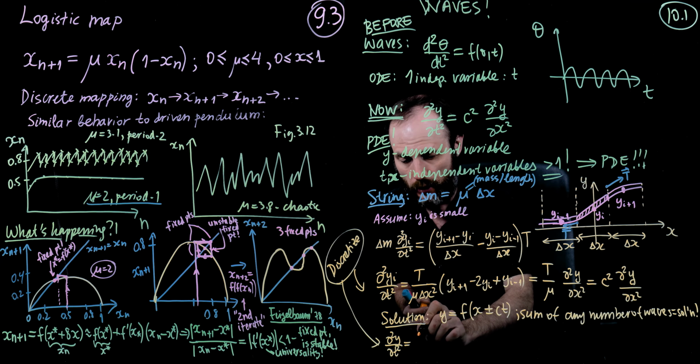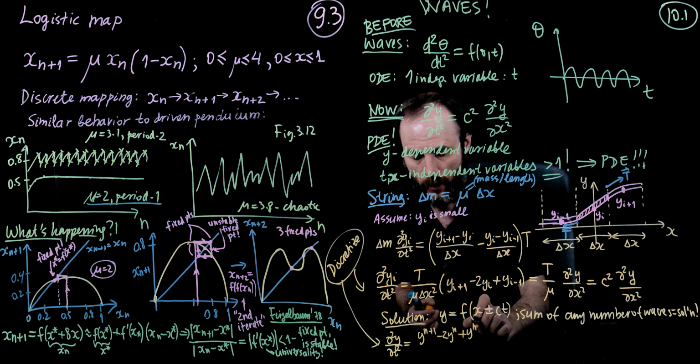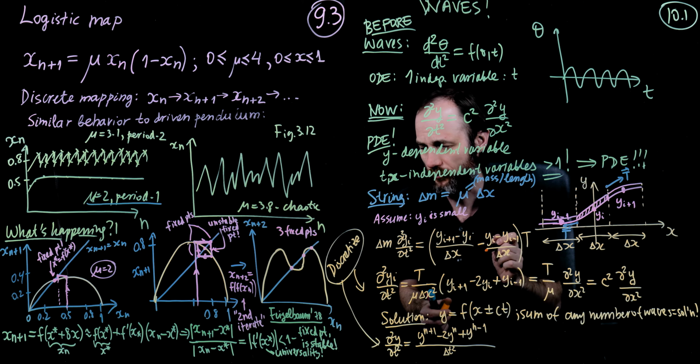So it will be y^(n+1) minus 2y^n plus y^(n-1) divided by delta t squared.